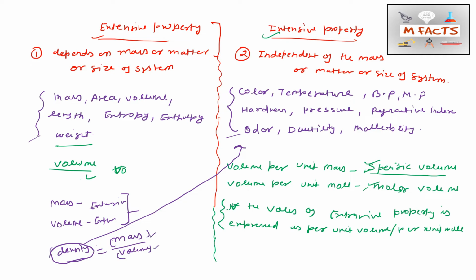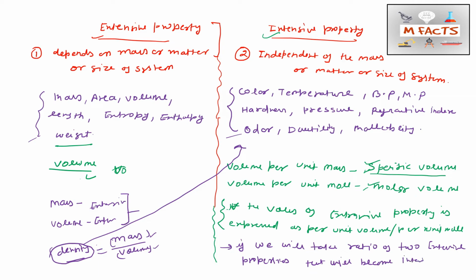So we can conclude from here that if we take the ratio of two extensive properties, that will become an intensive property. Okay, so this is all about extensive properties and intensive properties.